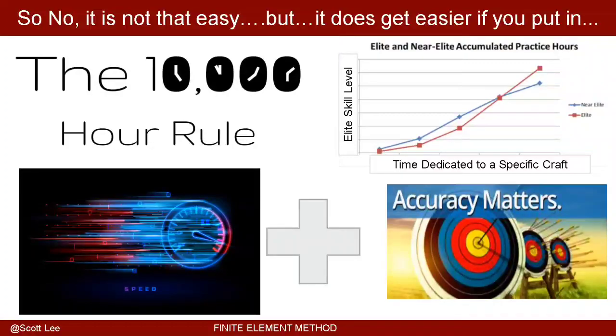Typically, hitting mastery level in this field is one of those things that are far reaching that you can never really reach, because you're always learning new things every single day. But in order to get highly efficient, more experienced and more accurate in your modeling, you've got to put in at least 10,000 hours. And the more time you put in, the higher the skill level you will reach.